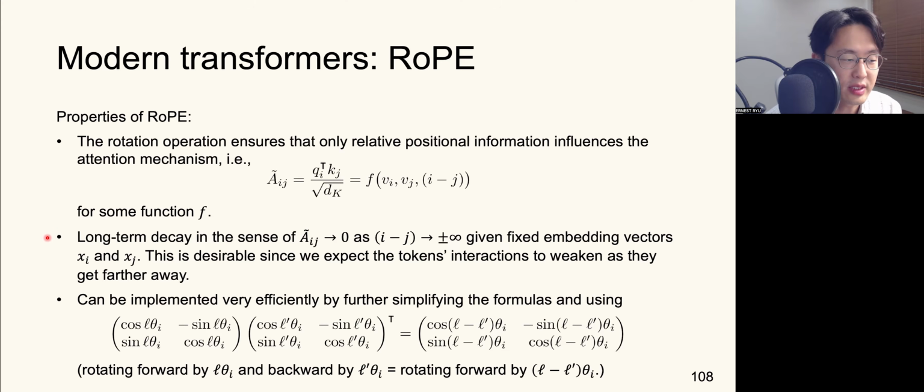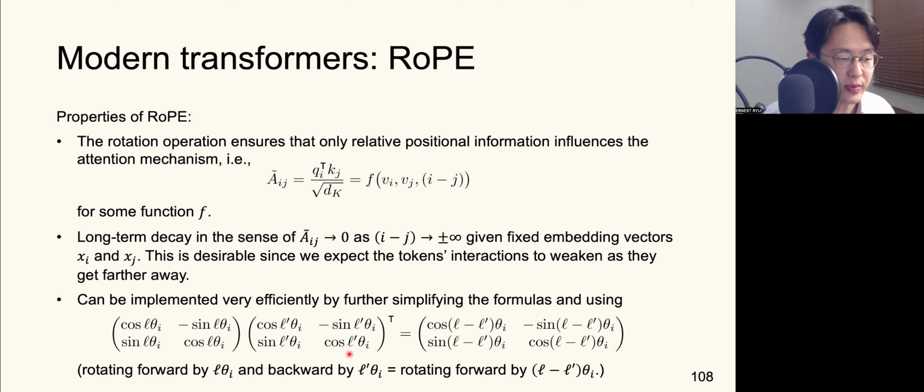Also, rope has a long-term decay property, in the sense that the attention map A tilde ij converges to 0 as the relative difference i minus j in the position converges to plus or minus infinity. This is desirable since we expect token interactions to weaken as they get farther and farther away. Another nice property is that this can be implemented efficiently using simplifying formulas. This 2 by 2 block represents rotation by angle L times theta i.